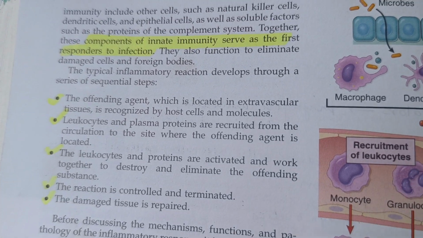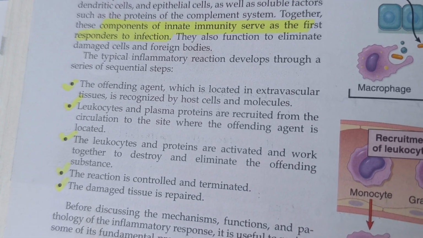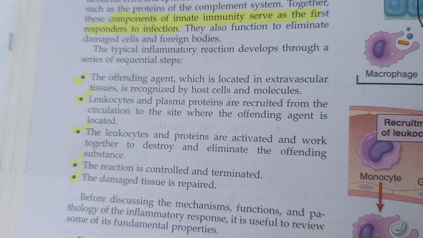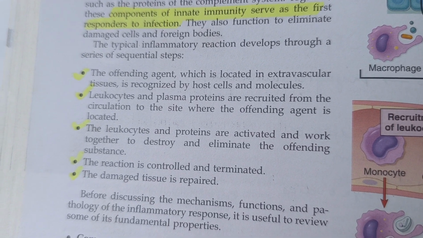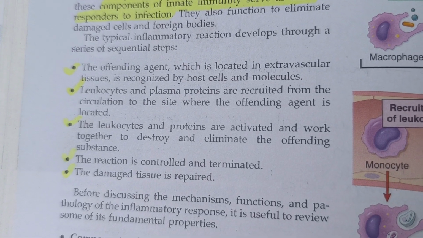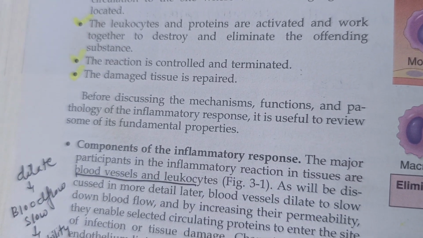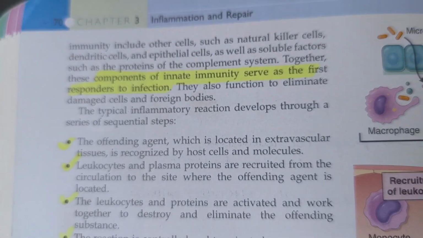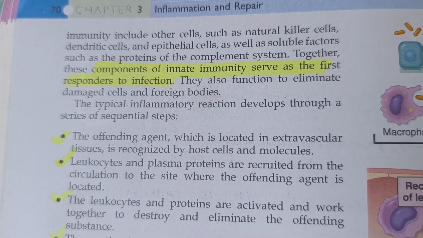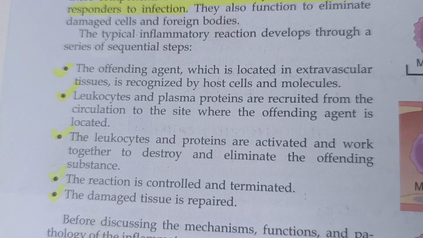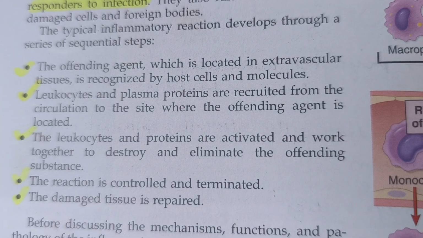Together, these components of innate immunity serve as a first response to infection. They also function to eliminate damaged cells and foreign bodies. So there are innate immunity cells which act as a first line of defense against foreign bodies.